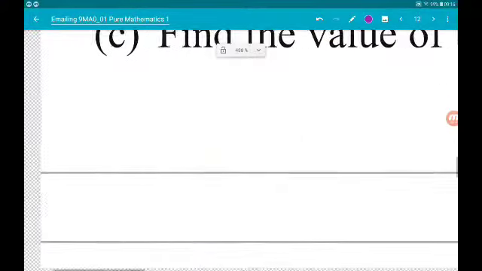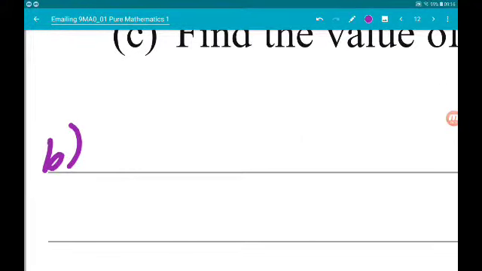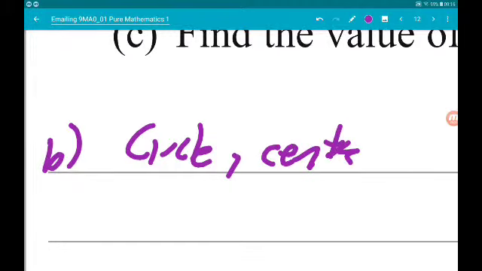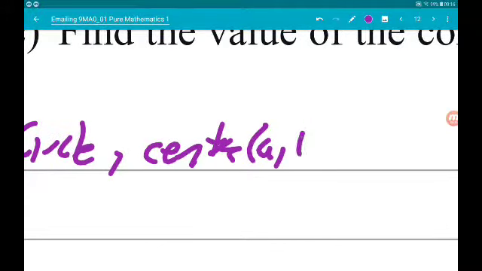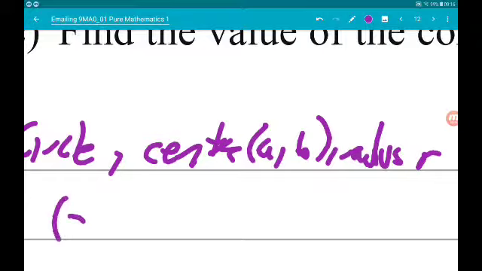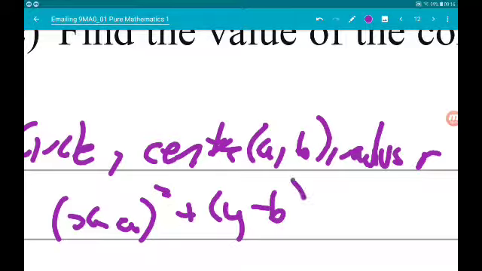A circle centered at A, B with radius R has equation x minus a squared add y minus b squared is equal to the radius squared.